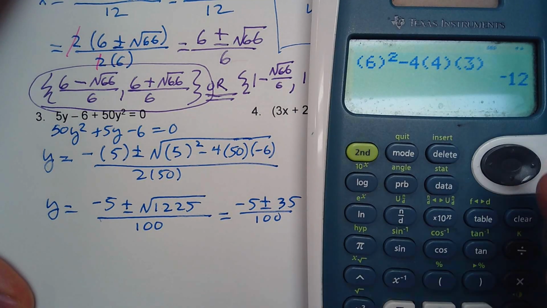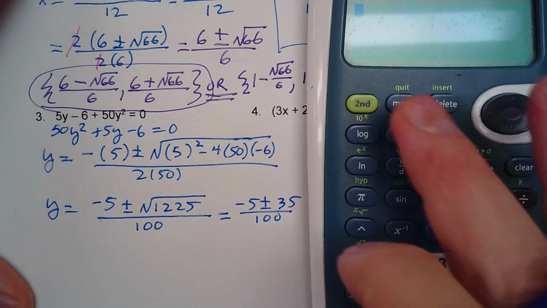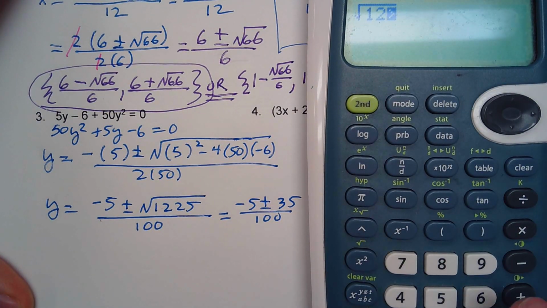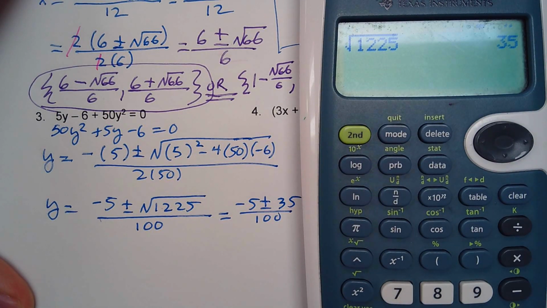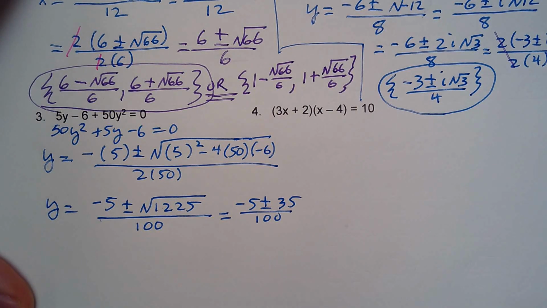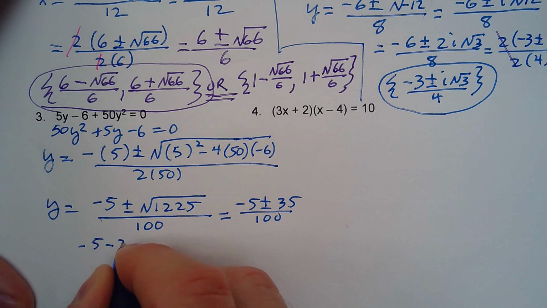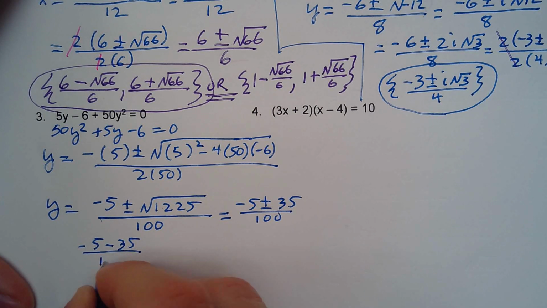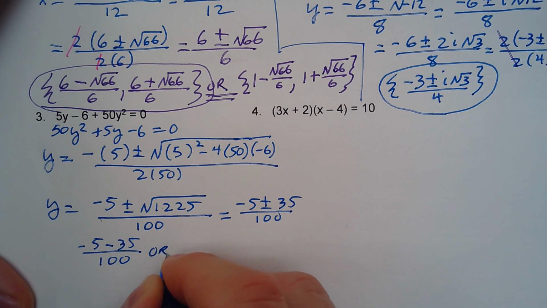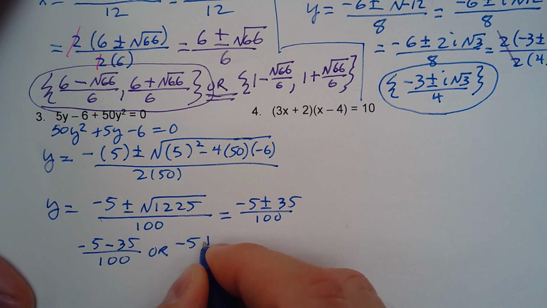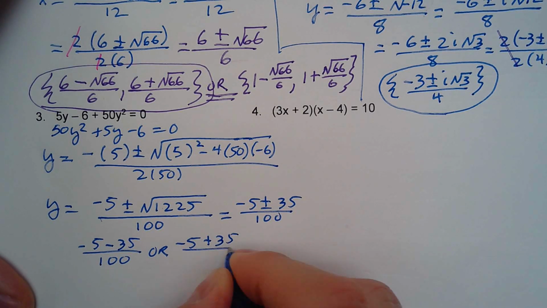Again, if you need to see that, square root of 1225. Sorry about that. Gives you 35. So I'm going to rewrite this as negative 5 minus 35 over 100, or negative 5 plus 35 over 100.